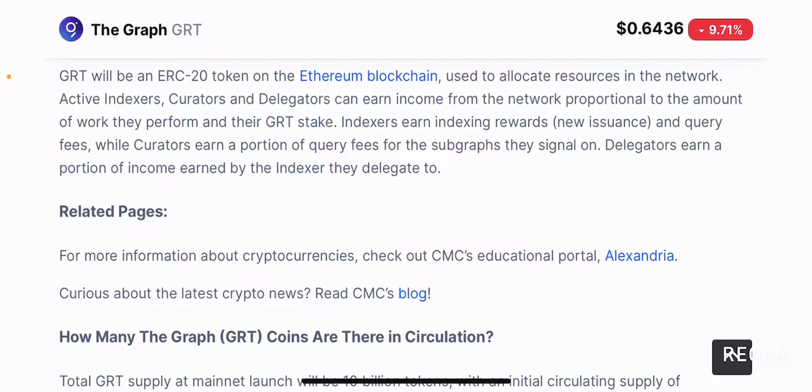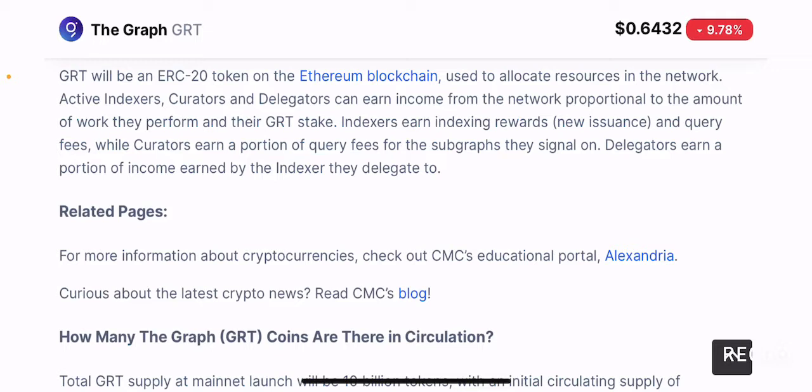So again, there are mainly three important groups of people who are upholding the Graph network, right? The indexers, who are mainly indexing the information and querying it, are provided with inflationary rewards in the form of Graph tokens when they lock a decent stake of Graph tokens in the first place.